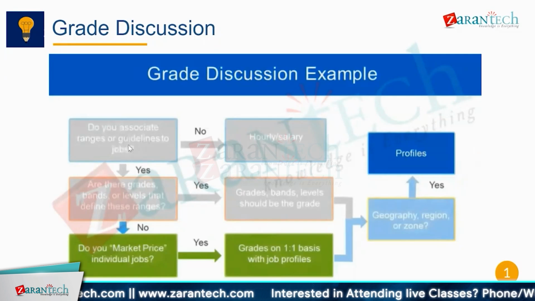Do you associate ranges or guidelines to jobs? Let's go down the yes. That's the one that I generally have seen. Are these grades, bands, or levels that define these ranges? That's also generally yes. Grades, bands, levels should be the grade, and then it's usually, like I was saying, tied to geography, region, or a zone.